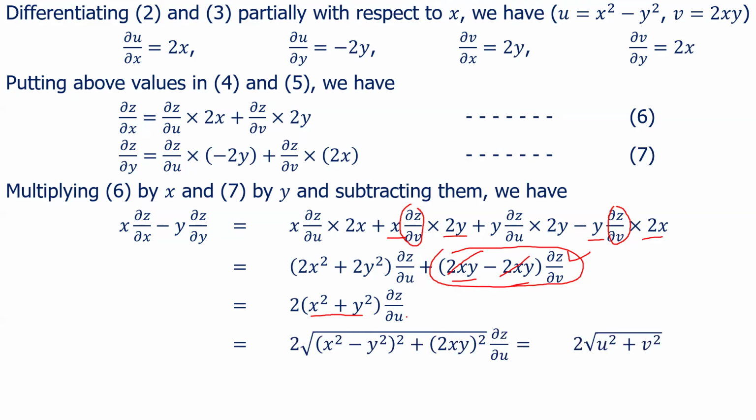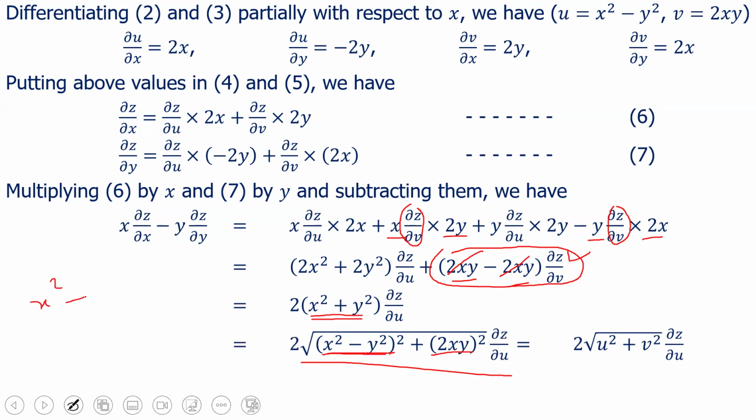Just look here, we can write x square plus y square as x square minus y square whole square plus 2xy whole square. Now let us simplify it. x square minus y square whole square is x to the power 4 minus 2x square y square plus y to the power 4 plus 4x square y square.